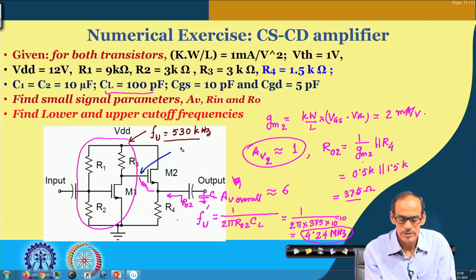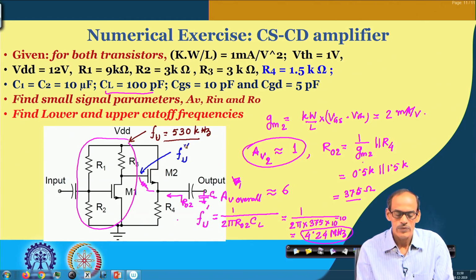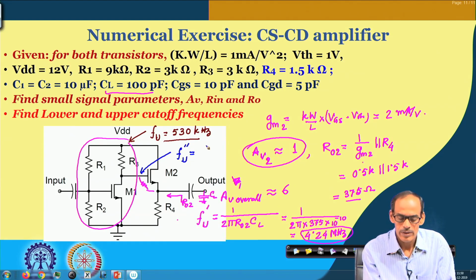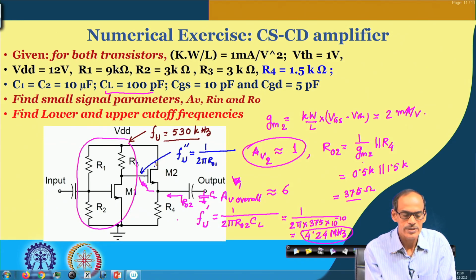Let me denote that by Fu double dash, and its expression is 1 by 2 pi Rho 1 and then Cgd.